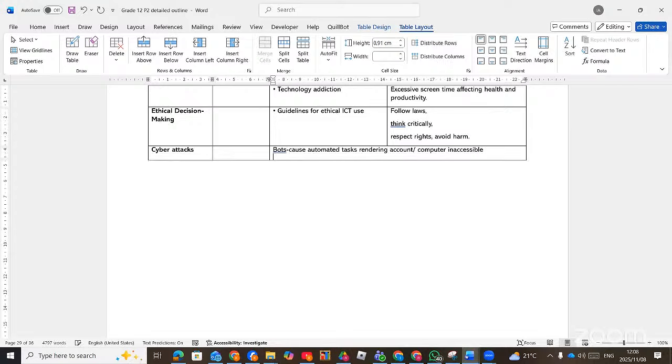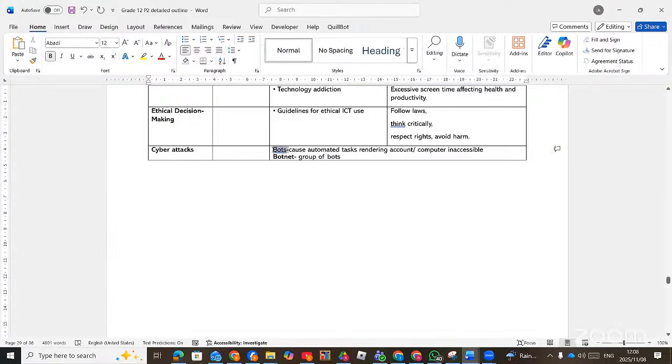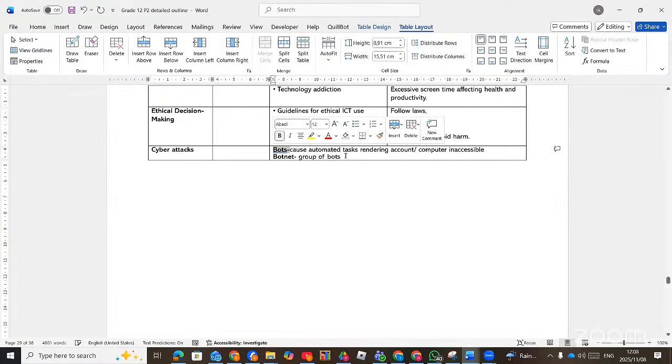So these bots, they are automated, they cause automated tasks, and then they have a botnet. Botnet is a group of bots, hence we call it the bot network. So the botnet is a group of bots that causes those automated tasks, which render it inaccessible.